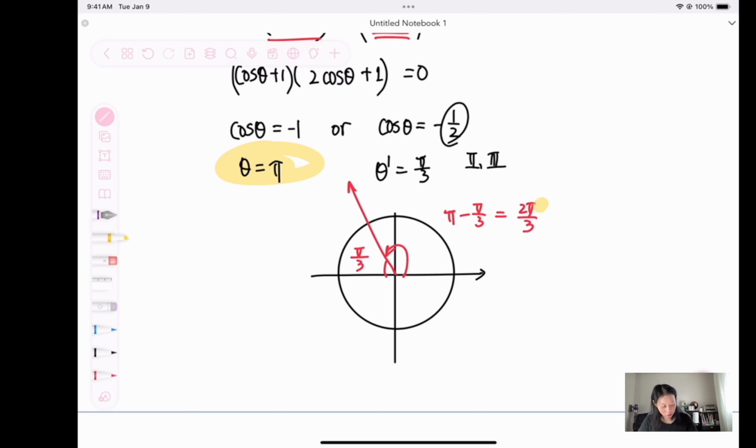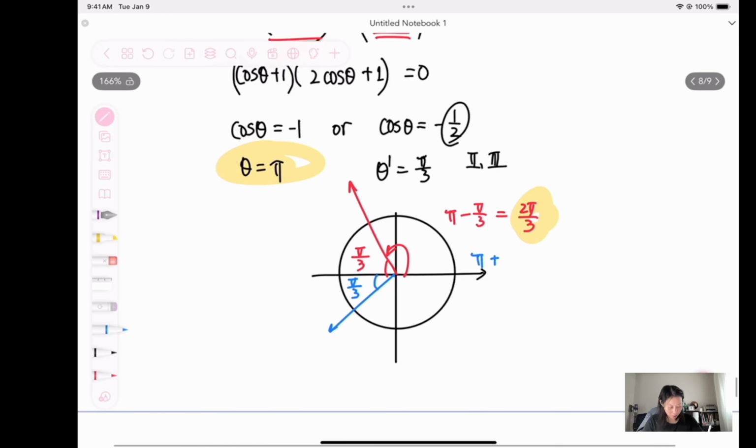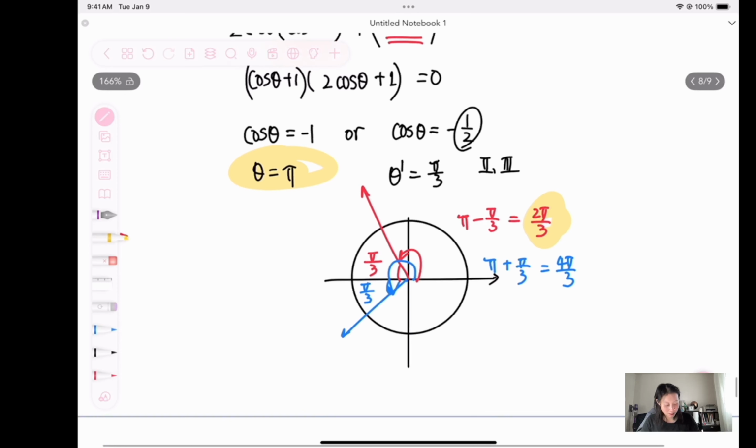That is our second solution. The third solution is here, with reference angle pi over 3 in the third quadrant. So the solution is pi plus pi over 3, which is 4 pi over 3. That is my third answer. Altogether, we got 3 answers for this question.